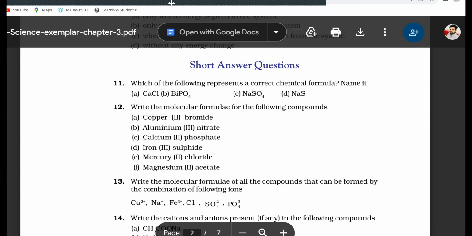Sir, should we find the correct or the incorrect one? The incorrect one. So first you need to find which is correct, then you will be able to find which is incorrect.